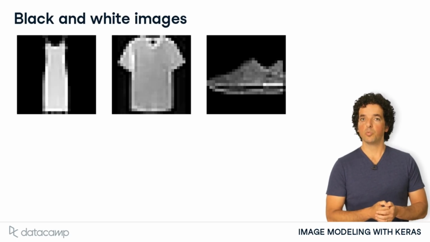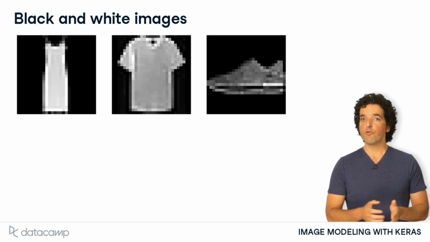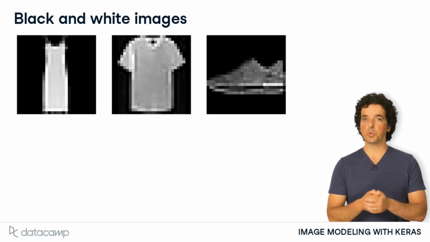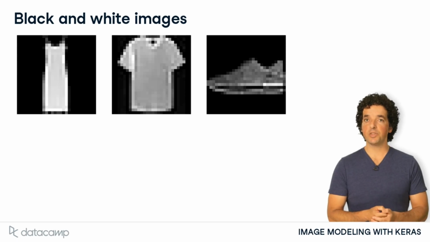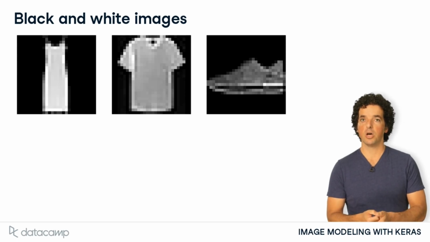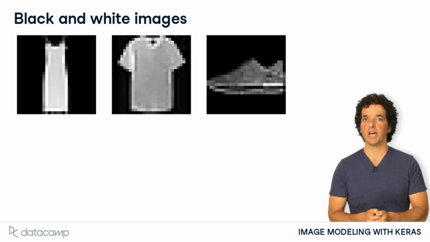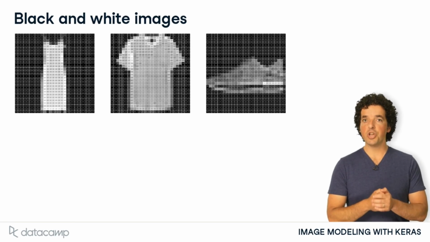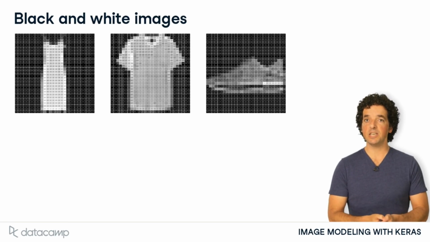In this course, we will mostly look at black and white images. For example, consider these 3 images of 3 different items of clothing: a dress, a t-shirt, and a shoe. What the computer sees are the numbers that represent the intensity of the image in each pixel.